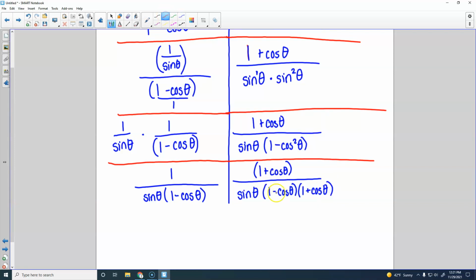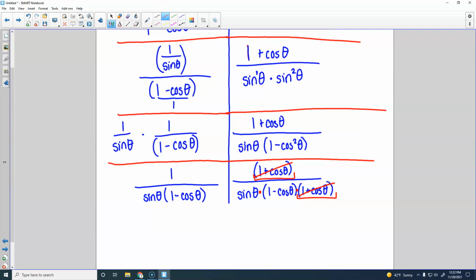Now, I could not cancel up here because I had these plus and minus signs involved in what I was trying to cancel. But now I've got this whole expression, 1 plus cosine theta, and this one, 1 plus cosine theta, and everything's being multiplied here, right? There's a plus sign inside, but not between the things I'm trying to cancel. So I can cancel them at this point.